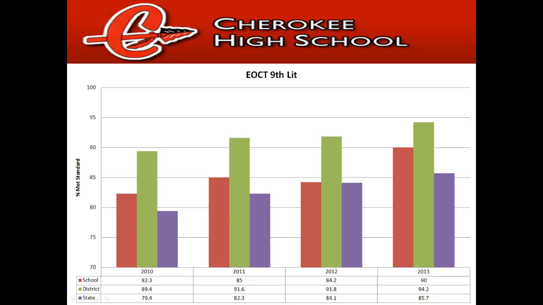Over the same time, the district increased from 89.4 in 2010 to 94.2 in 2013, with the state seeing an increase from 79.4 to 85.7 over those same time periods. Again, Cherokee High School and Cherokee County are outperforming the state, but Cherokee High School is again behind the average for the rest of the district.